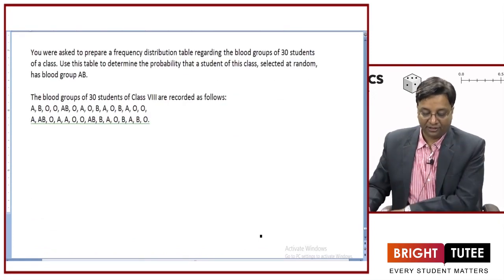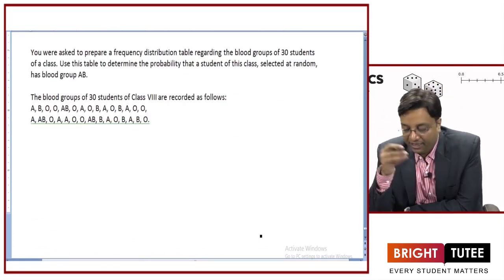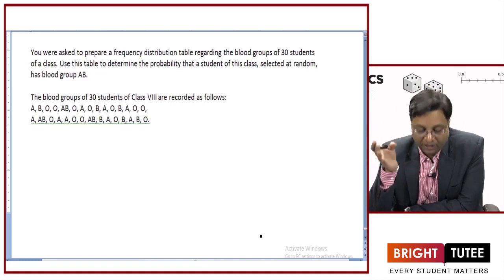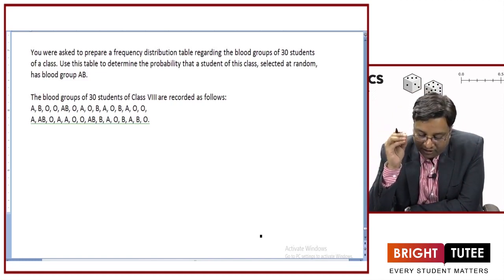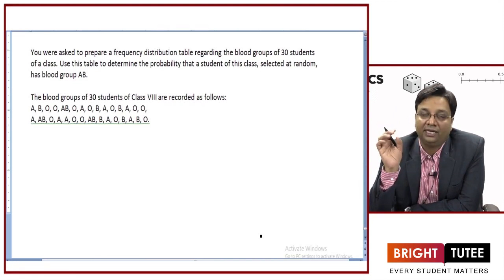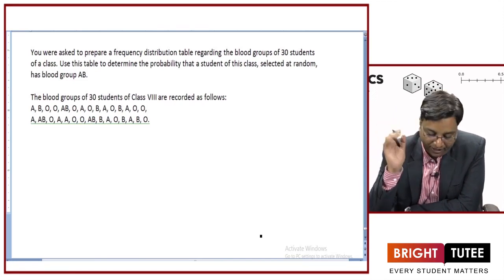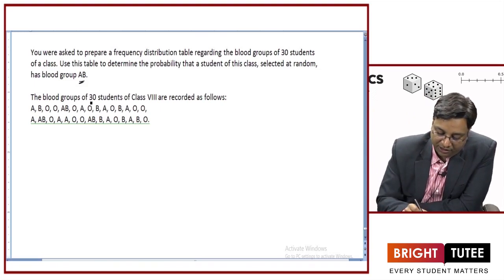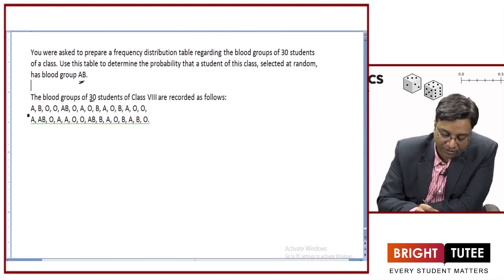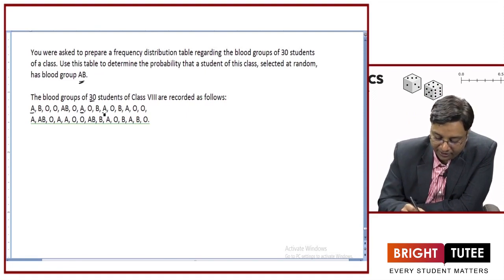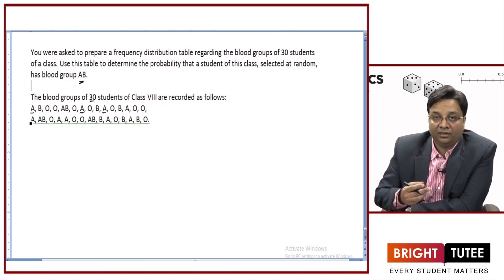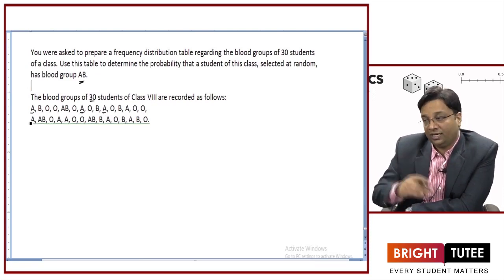Okay. You were asked to prepare a frequency distribution table regarding the blood groups of 30 students of a class. Use this table to determine the probability that a student of this class selected at random has his blood group as AB. Now, out of these 30 students, one student has got blood group A, another student has got blood group A. How many students have got blood group A? Now, this is not where our focus should be.